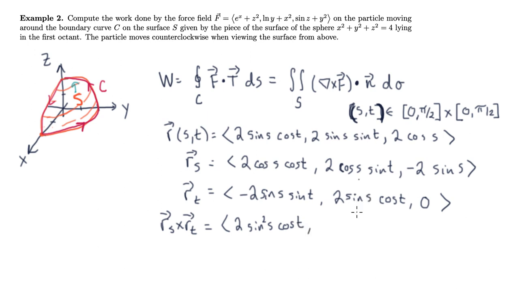And then let's see, here we have 0 and then times this, but it's minus this, but the whole thing's minus, so it'll be 2 sine squared s. And then looks like sine t.